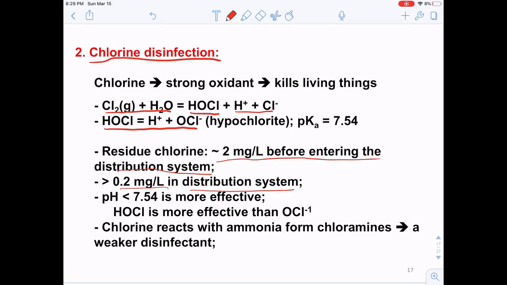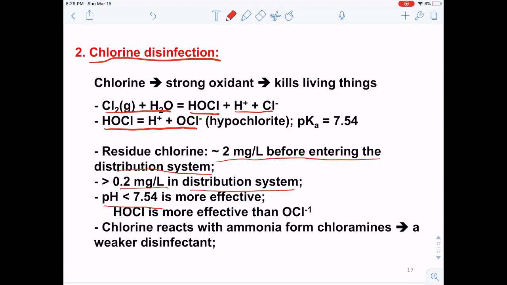And further, in terms of the water pH for using this chlorine disinfection, we typically will guarantee that pH is below 7.54. So what this means is that we prefer the acidic water.